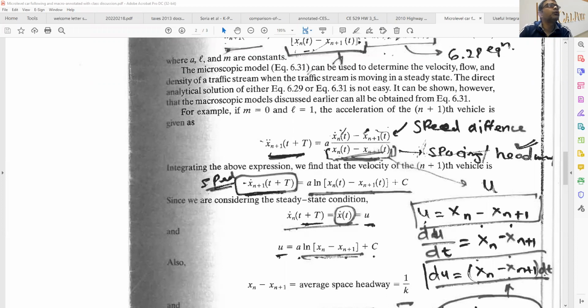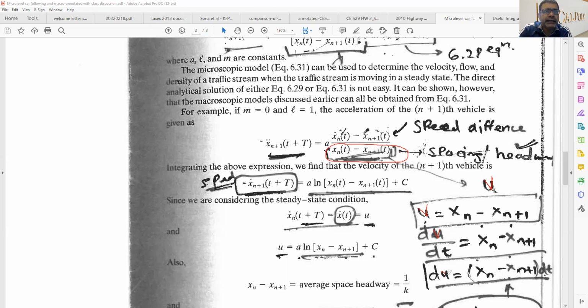So I think a good approach might be to call this v instead of u. So let's substitute this denominator expression to be a v. So v becomes x_n minus x_{n+1}. I'm not putting t because they're all at the same time t. Then dv over dt, because I'm differentiating both sides with respect to t, becomes x_n dot minus x_{n+1} dot.